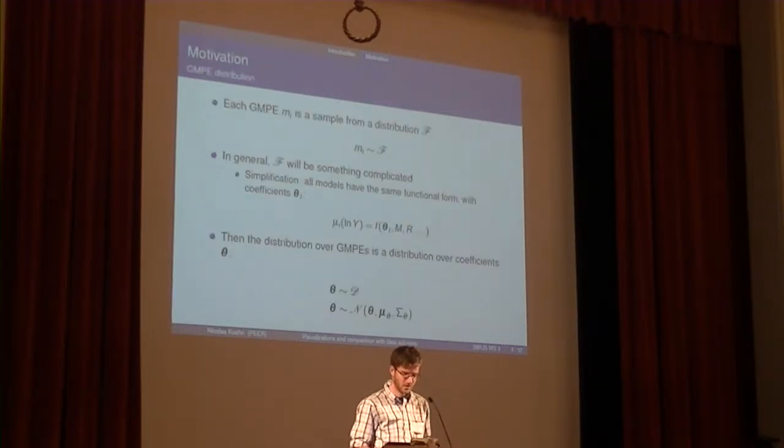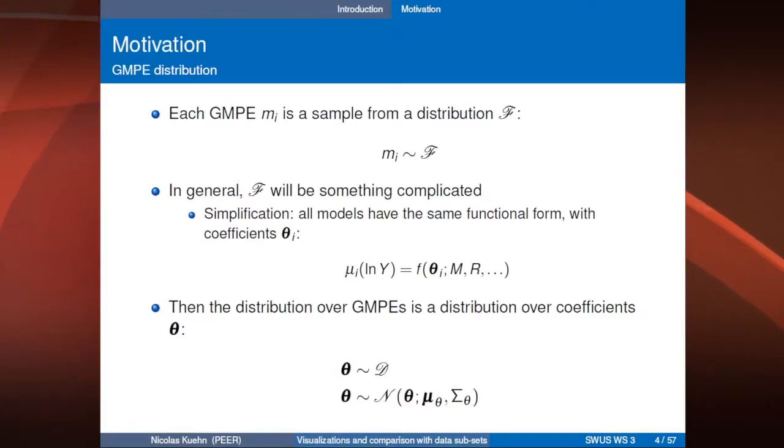All right. So this is just the same thing. We should think that each GMPE is a sample from a distribution, which will in general be very complicated because the GMPEs are just very complicated. But if we simplify every GMPE to a common functional form, each of which has the same coefficients, then this GMPE distribution reduces to a distribution over the set of coefficients theta.